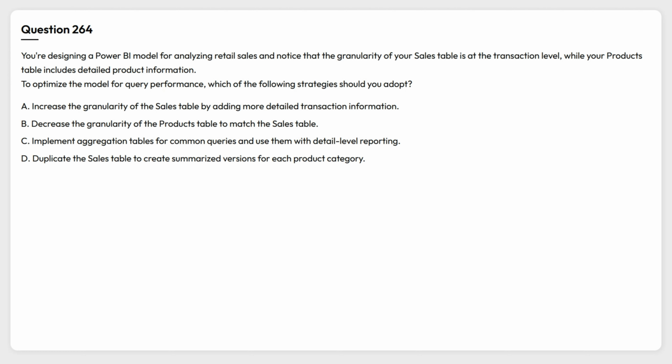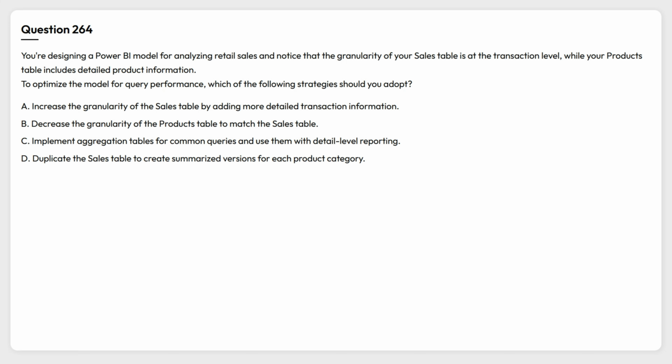Question number 264. You are designing a Power BI model for analyzing retail sales and notice that the granularity of your sales table is at the transaction level, while your product table includes detailed product information.